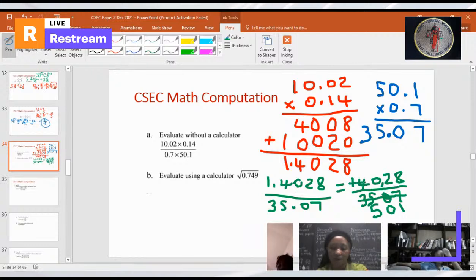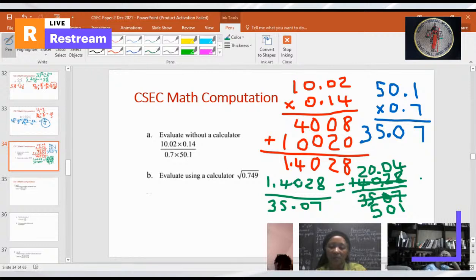Now 7 into 14 goes 2 times. And 7 into 0 goes 0 times. 7 into 28 goes 4 times, but we have to hold the space. All right.